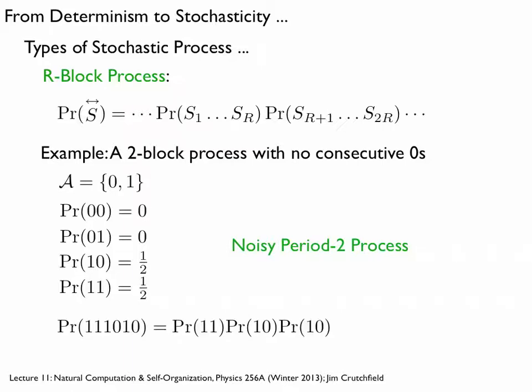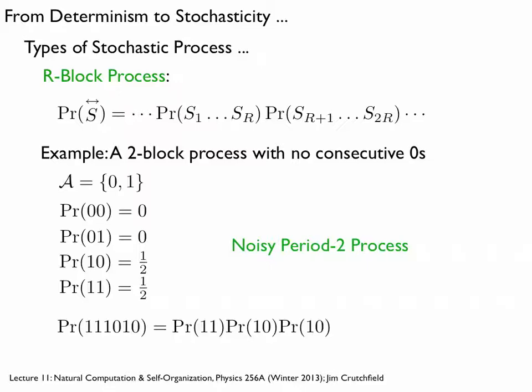So a 2-block process that can't generate consecutive zeros would be this one, with a binary alphabet. The probability of 0, 0 must be 0, and I just assign probabilities to the other words, with 1, 0 and 1, 1 having probability 1. Call this the noisy period 2 process. We'll come back to that.